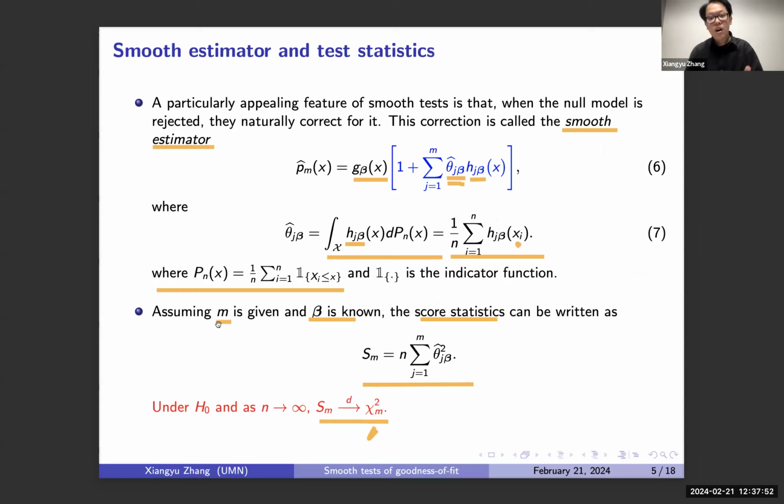Let's think about under what circumstances M can be given and beta is known. If beta is known, it means that we are testing a specific distribution function. For example, if your J is a normal distribution and your beta is 0, 1, you are testing a specific standard normal distribution.